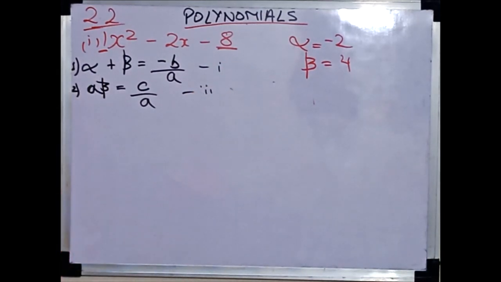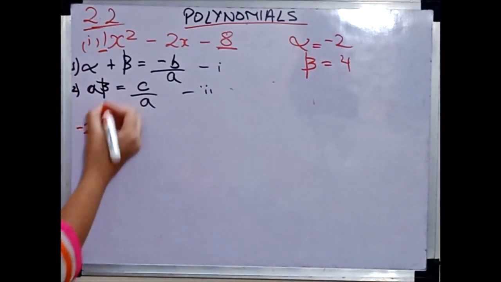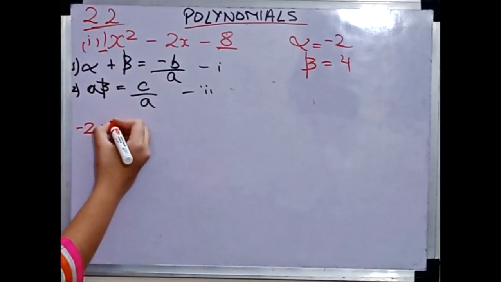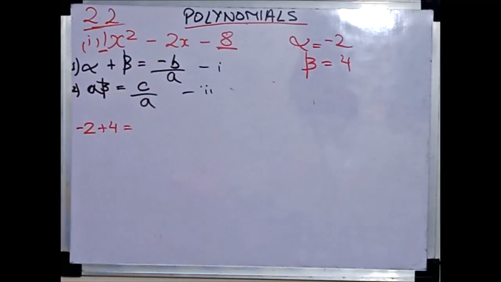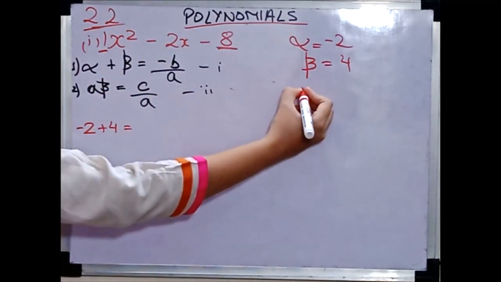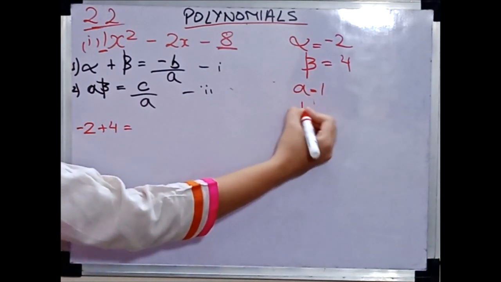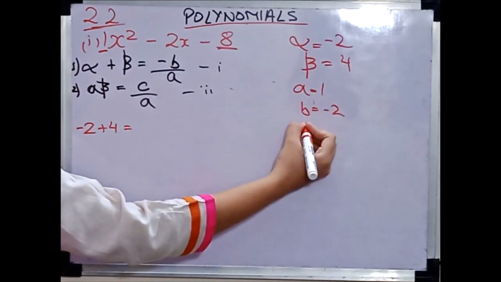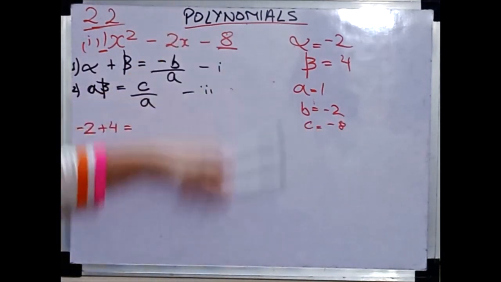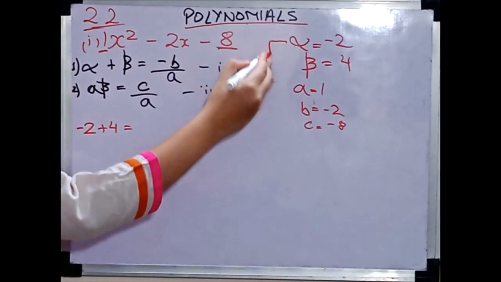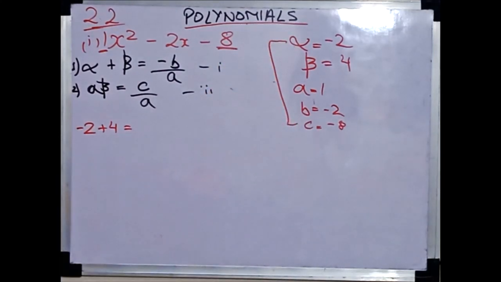First, let's do the first equation. Alpha plus beta is minus 2 plus 4, equals minus b upon a. Now tell me, what is a here? Our a is 1, b is equal to minus 2, and c is equal to minus 8. You should write it down beforehand, because this will help you do the sum more clearly and easily, and you won't get stuck finding where your b and c are.